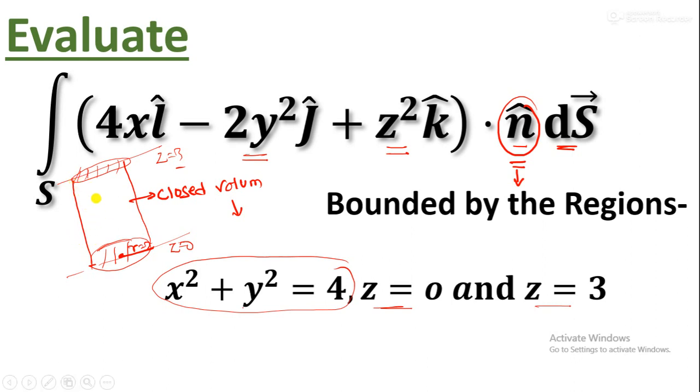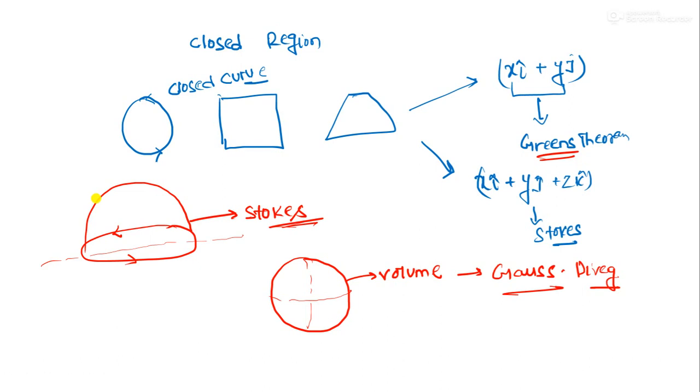Now, moving further to the question. The integral over a closed surface S is given as 4x unit vector i minus 2y square unit vector j plus z square unit vector k, in dot product with unit vector n dS.